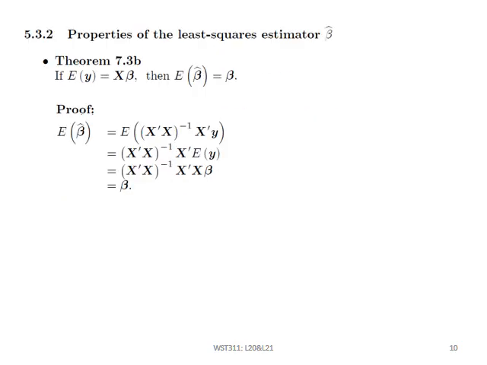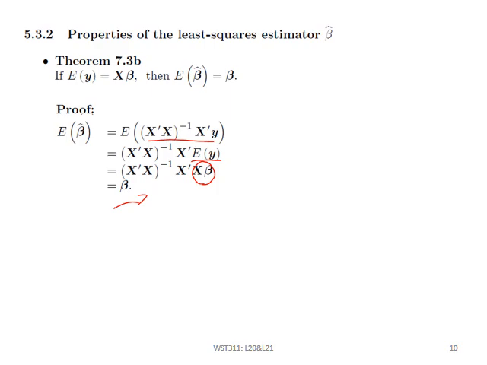Next, we derive the expected value of beta hat. Replacing beta hat with its formula, using the fact that X is constant, we can move the expected value into y. Then replacing the expected value of y with its value X beta, we can conclude that the expected value of beta hat equals beta.